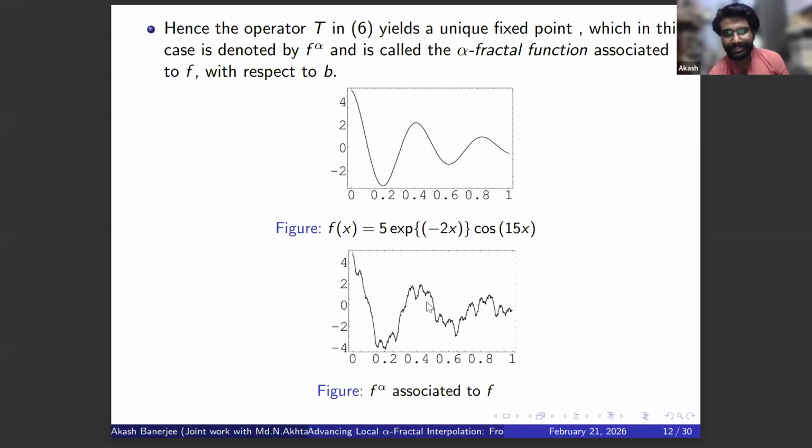As we can see, the global structure of the function remains almost the same, but this function is not at all smooth. So this function is nowhere differentiable, whereas the original function was continuous.